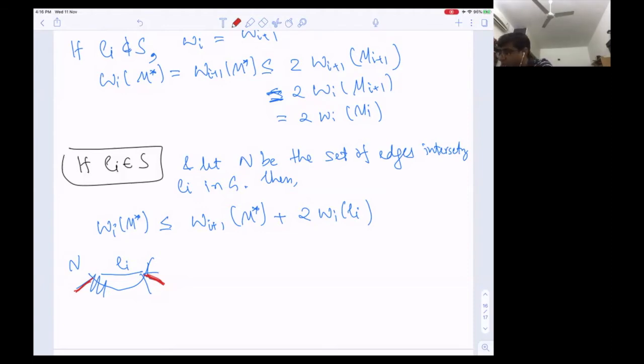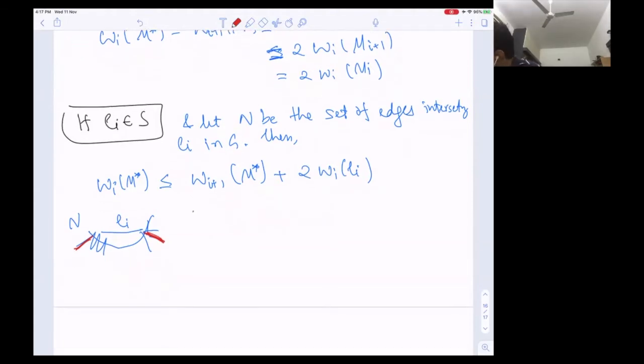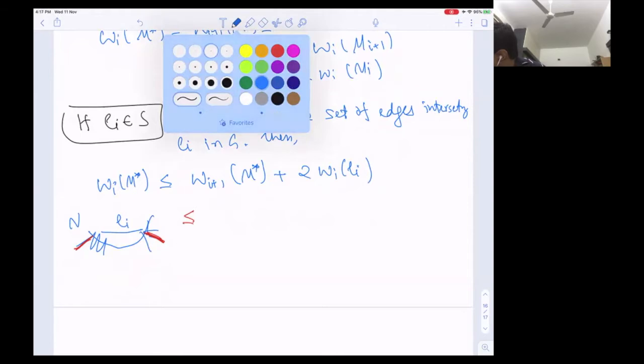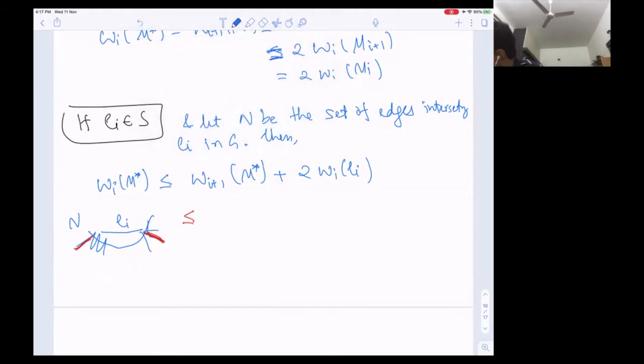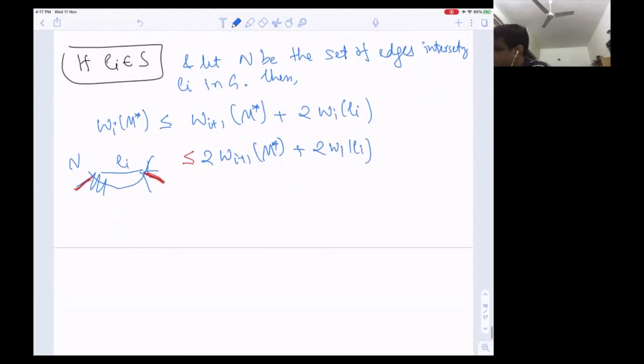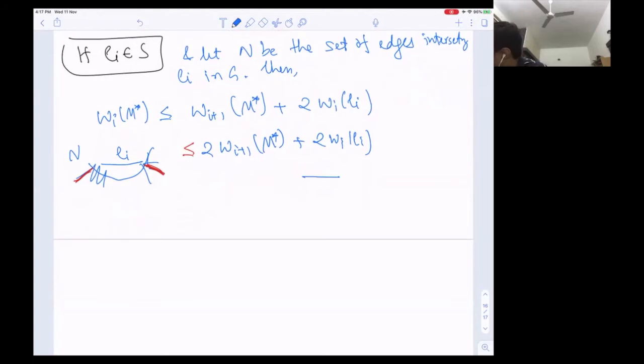So either you contain 2 edges, or exactly 1 edge, in which case it is e_i. In either case, whatever your weight of M star is, you add twice the weight of e_i. Which implies, by induction hypothesis, this is less than or equal to 2 times w_{i+1} of M star plus 2 times w_i(e_i). Now this is an upper bound.